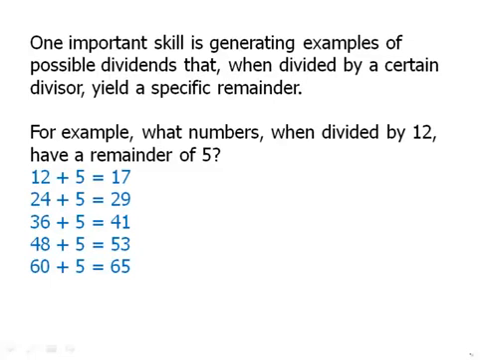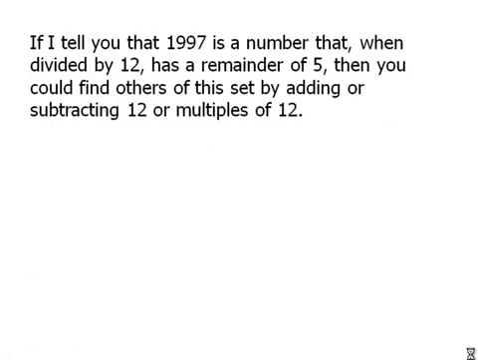So much in the same way as we can get from one multiple to the next by adding the number, we can also get from one of these numbers to the next by adding the number. If I tell you that 1997 is a number that when you divide by 12 has a remainder of 5, then you could find other numbers of this set by adding or subtracting 12. So we could add 12, and that would be 2009.